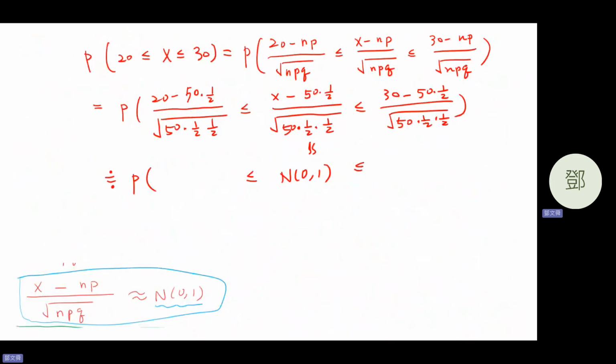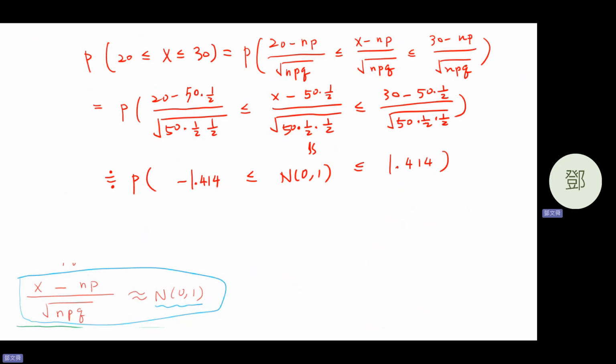I need to calculate, right? 1.414 minus the same 1.414.